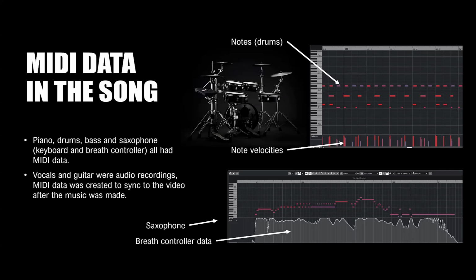It's an amazing physical model of a saxophone that I play with a keyboard and a breath controller. A breath controller is a device that I blow into, and it translates the breath into intensity data, you could call it, that you can then map to the volume of the saxophone. So it's not only the volume, it's actually the whole intensity of the instrument.